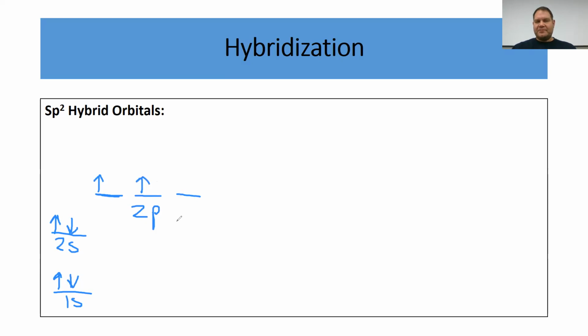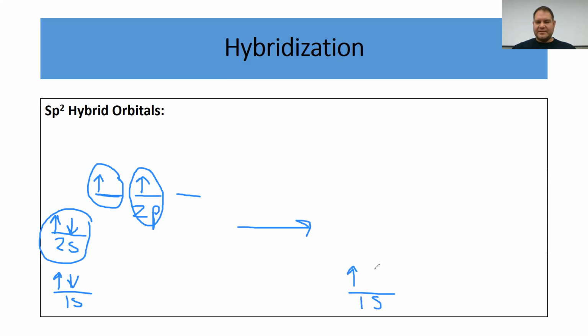Okay. Now, if they're going to go under hybridization, we're going to just now take the 2s and one of the p orbitals and this p orbital, and we're only going to combine essentially these three together.